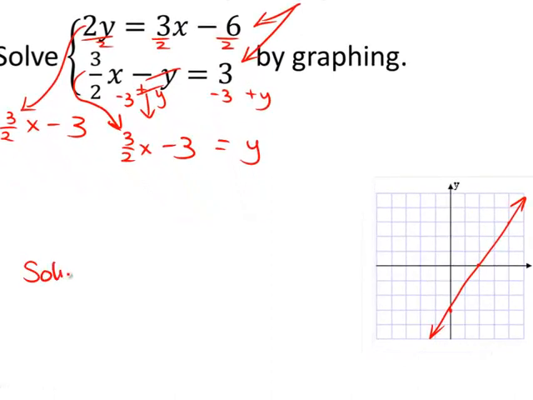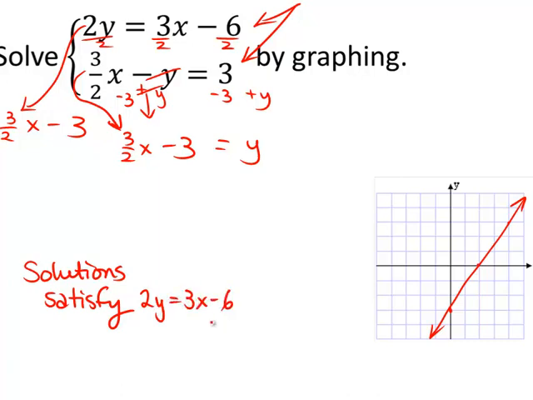So our solutions satisfy the line equation, and pick one of these. It doesn't matter which one you choose. I'll just pick the first one. So that tells you that there are an infinite number of solutions, and all of them satisfy the following equation.